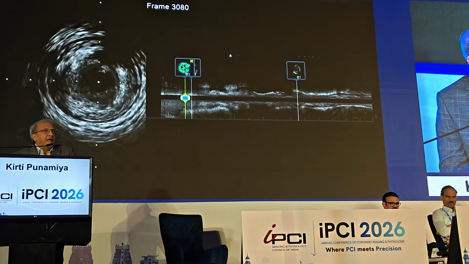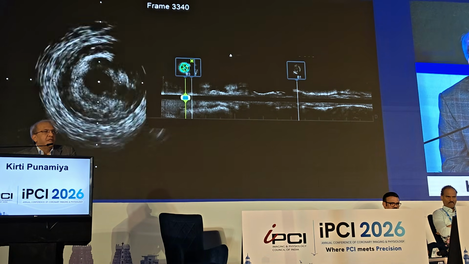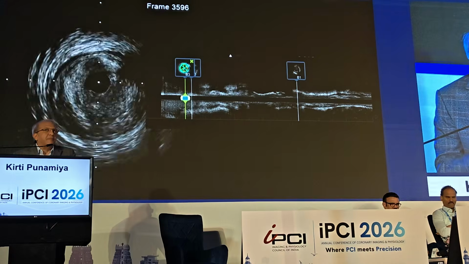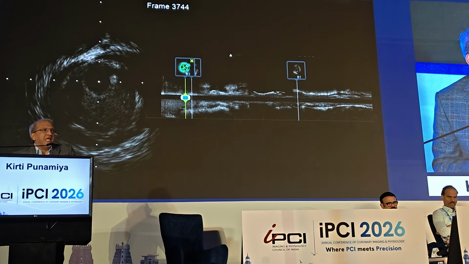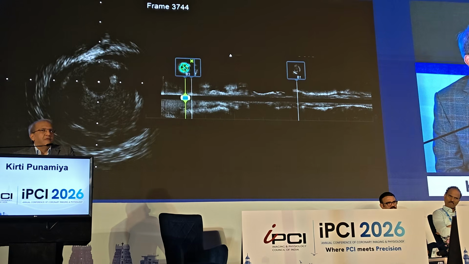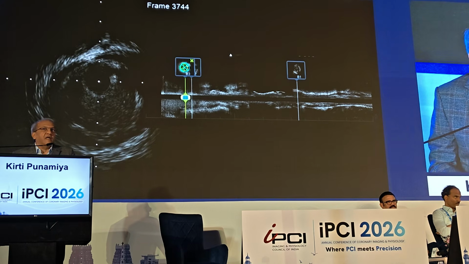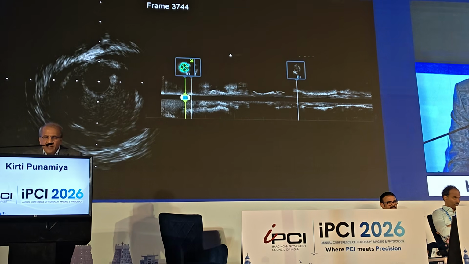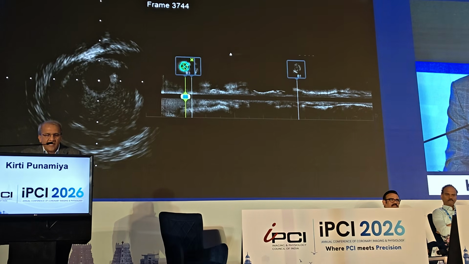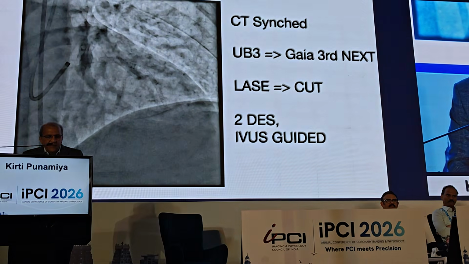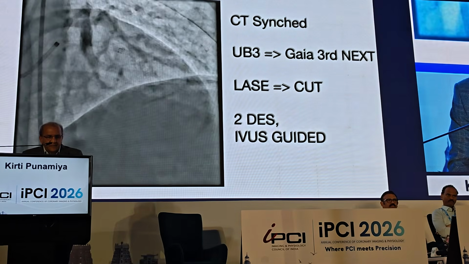But now when I analyze our work over the last 4 years, this is almost a consistent pattern that emerges, in my opinion, as a single vital tool which can alter the plaque enough. And from here, you lace, you cut, and then 2 stents later, you can finish the case with this kind of a result.